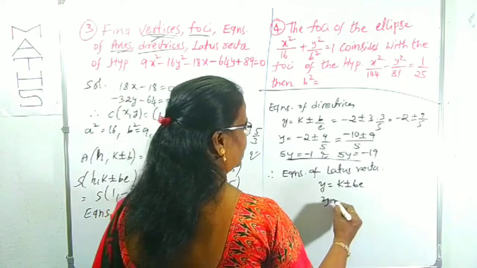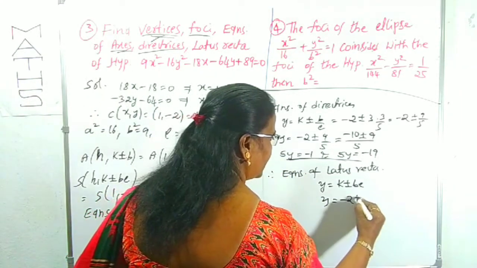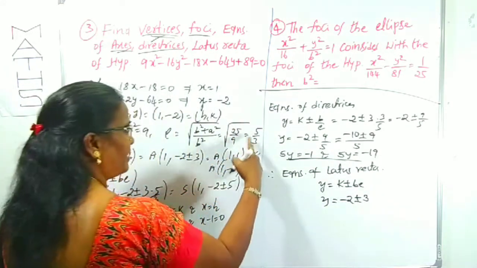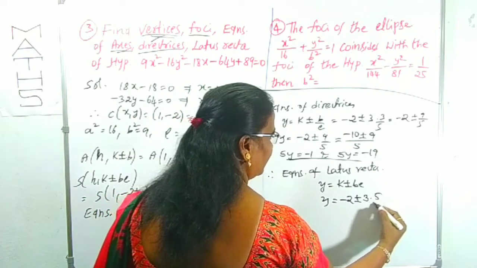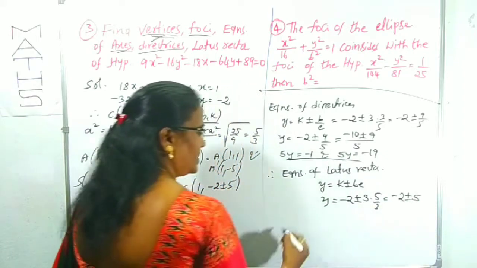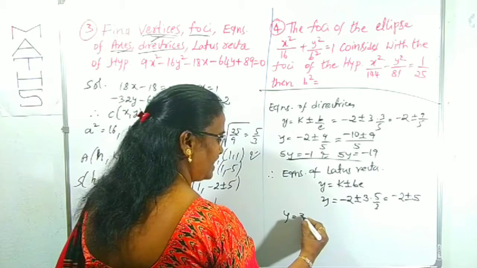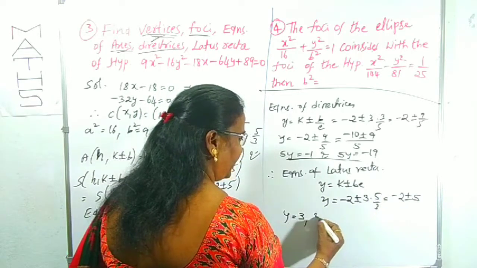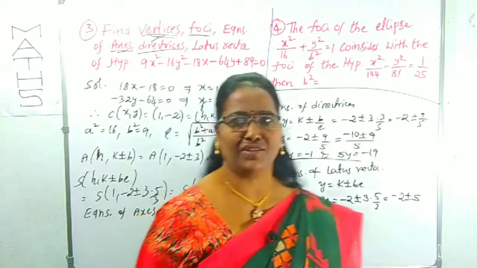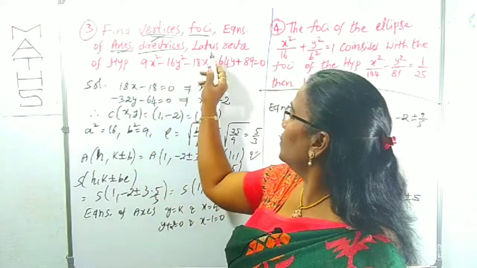Therefore y = k, where k is -2, ± be. b is 3, e is 5/3, so it will be -2 ± 5. By taking the plus sign, it is -2 + 5 = 3, and by taking the minus sign, y = -7. These are the equations of latus recta. So this is also over.